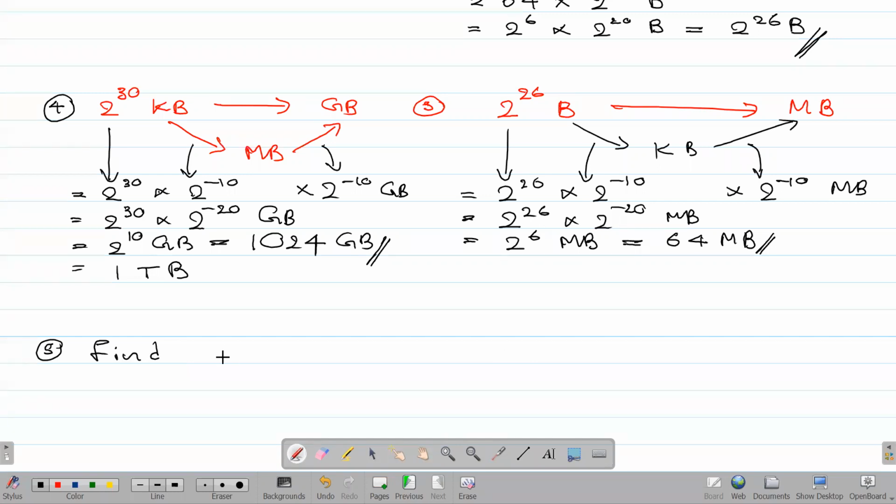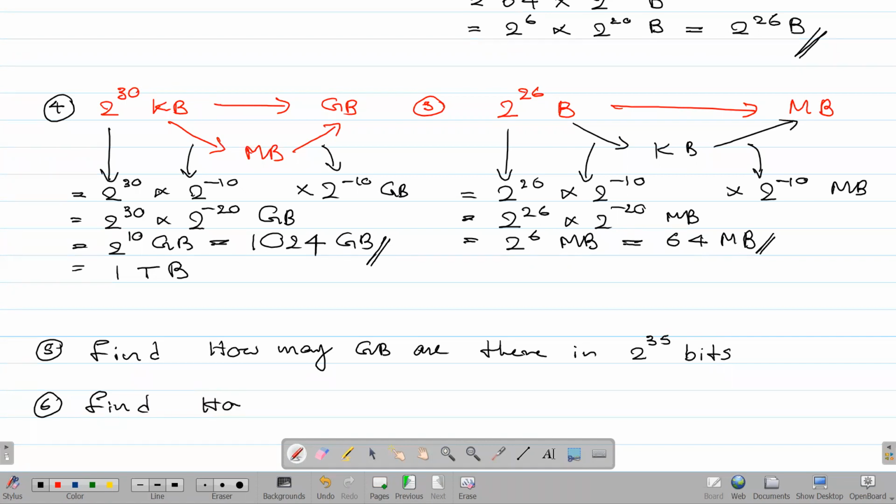Find these 2 things. Now we know how to do this very quickly.